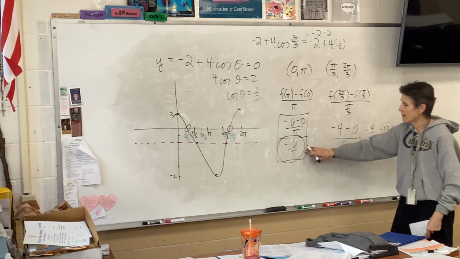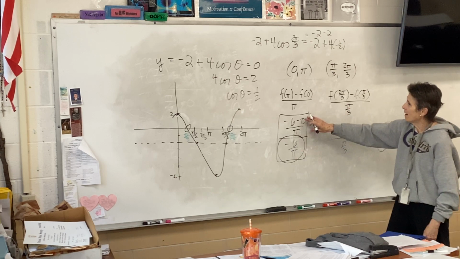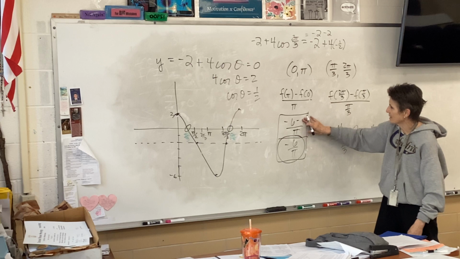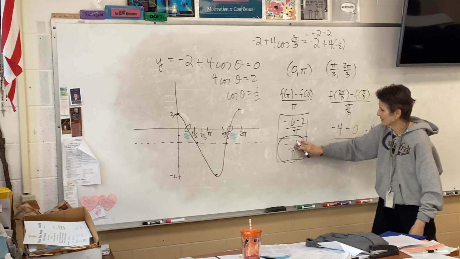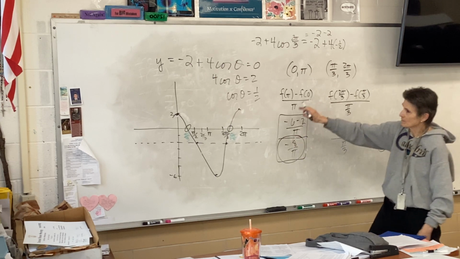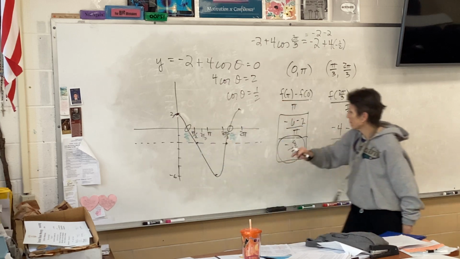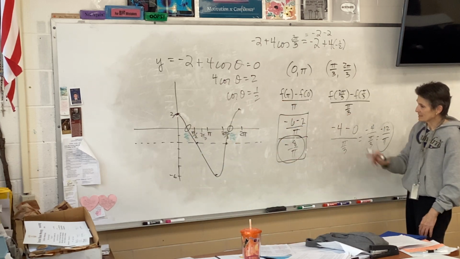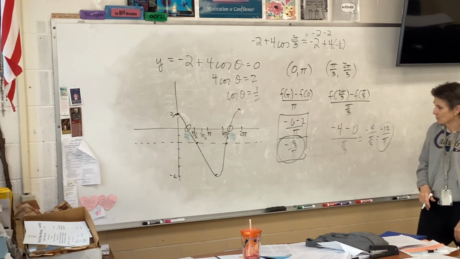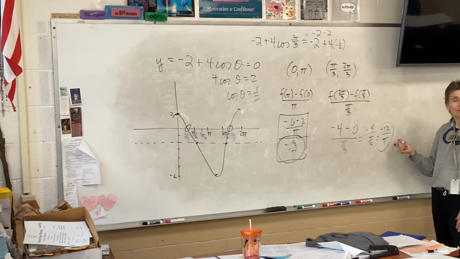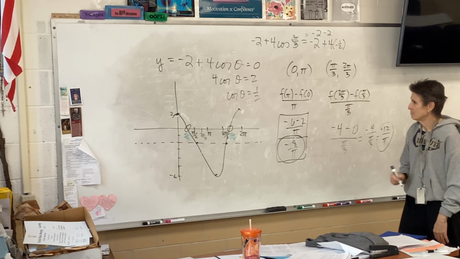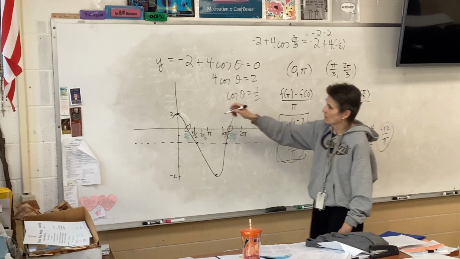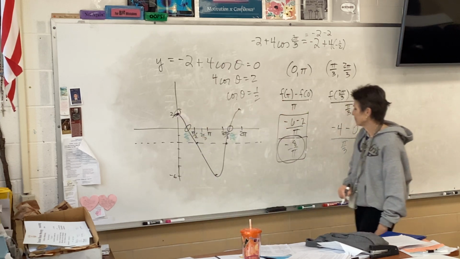I knew this didn't match what I had written on my paper. F of 0 is not 8, I mean, it is 2. So f of 0 is 2. So that's -8 over pi. Yeah, now it matches what I had written down. It doesn't matter. This is still bigger. But now I've got that right. F of 0 is 2.